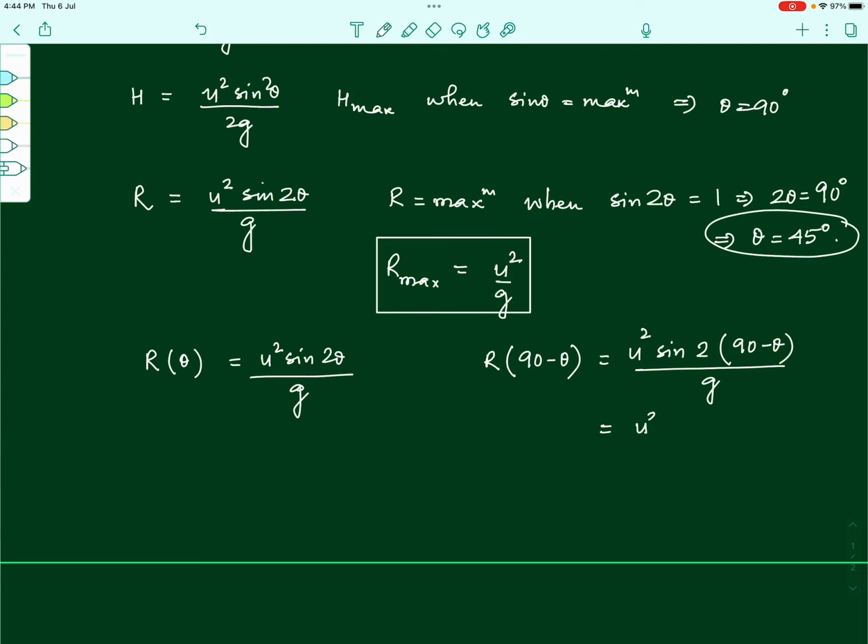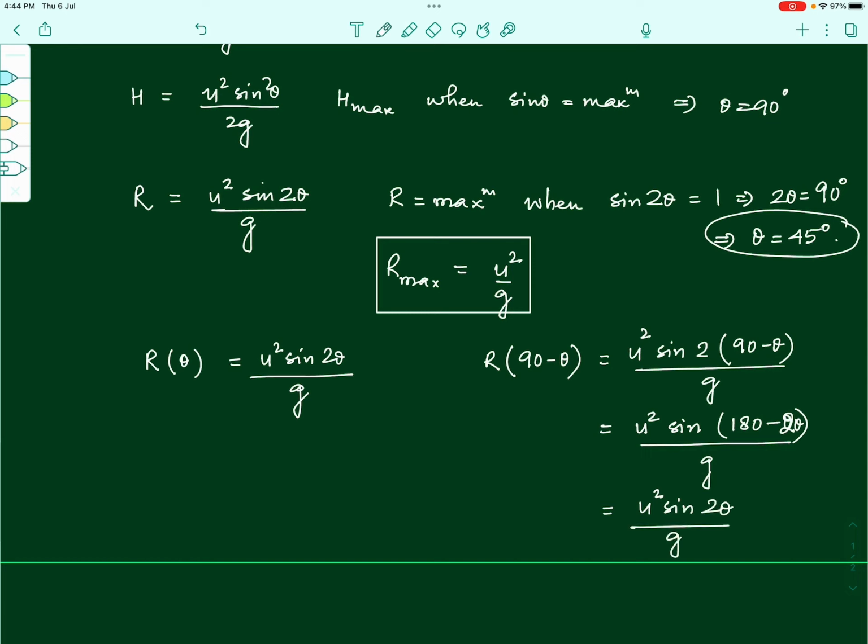Solving this will give us u squared into sine, let's open up the bracket, 180 minus 2 theta actually, divided by g. And what is sine of 180 minus 2 theta? We know from how sine behaves, sine of 180 minus any angle is sine of that angle itself. So, we can write this as u squared sine 2 theta by g.